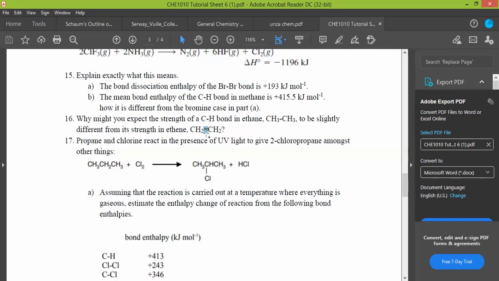That in itself tells you the differences in the type of orbitals that they have. These are using sp2 hybrid orbitals. These are using sp3 hybrid orbitals. So the characteristic of the orbitals being used in this one is totally different from the one used in that one. And therefore, the bond distances will be different. The bond distance is what determines the strength of a bond.